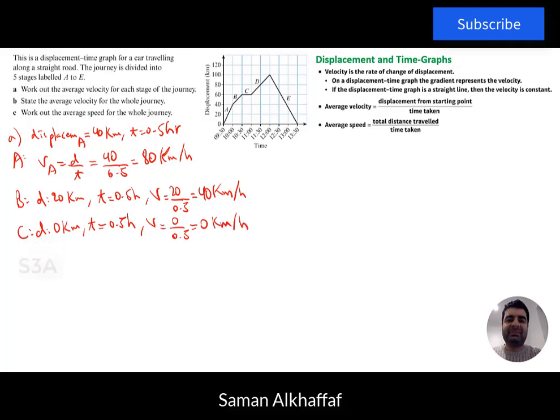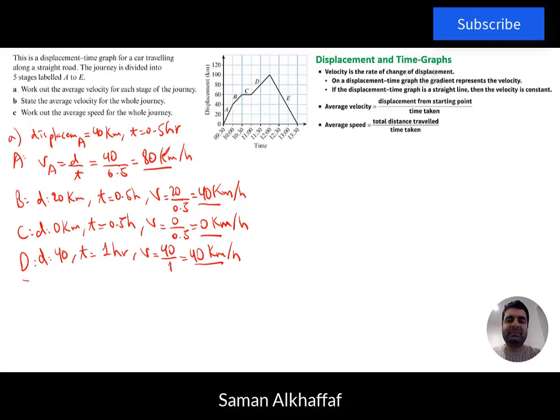So we have 80, we have 40, we also have 0, and now we look at D. The displacement will be 40 and the time 1 hour. So we would have the velocity 40 over 1, which gives 40 kilometers per hour.